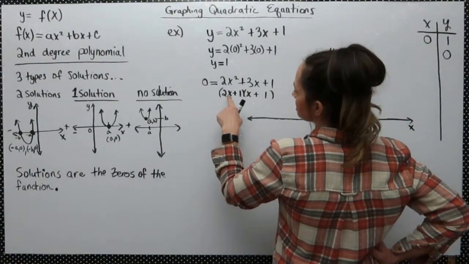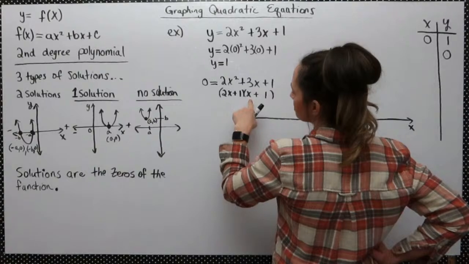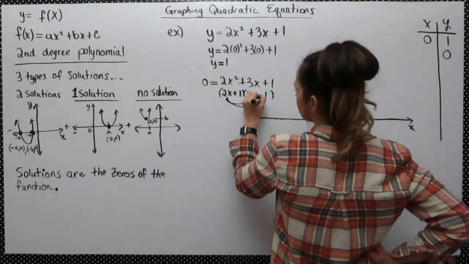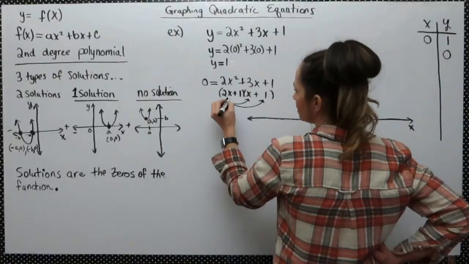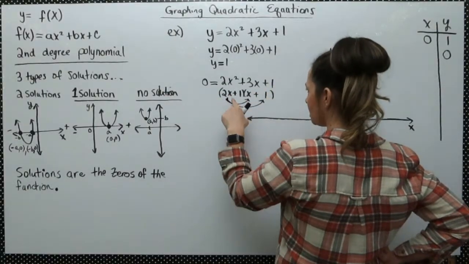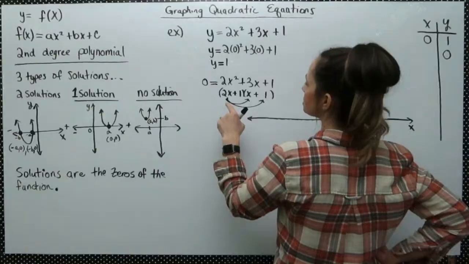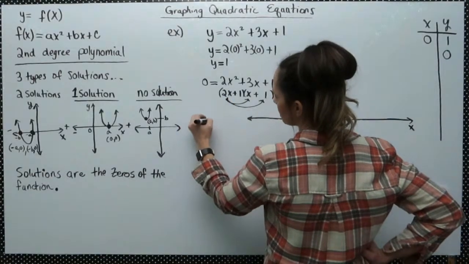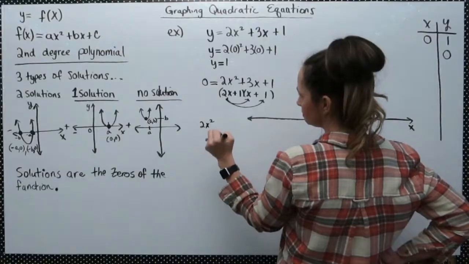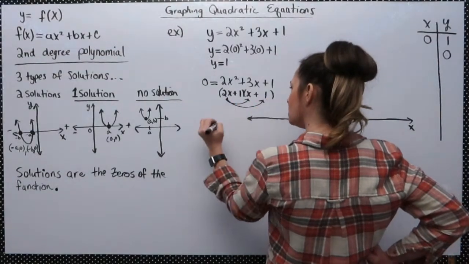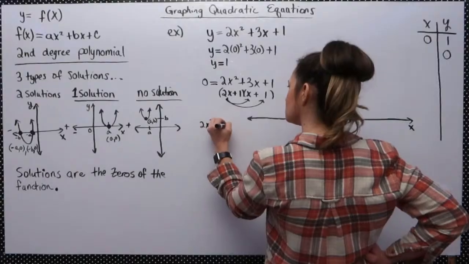It's a reverse process of first, outer, inner, last, where you're systematically multiplying these binomials. So 2x times x will be 2x squared, making my first term. Then 2x times 1 is 2x.